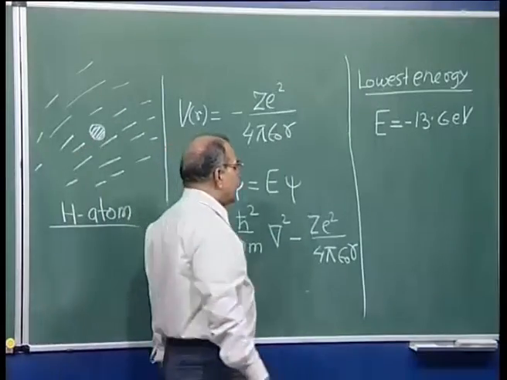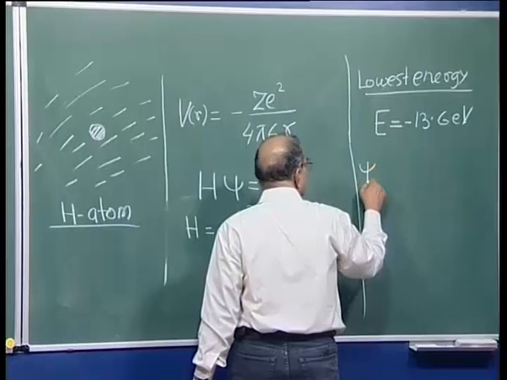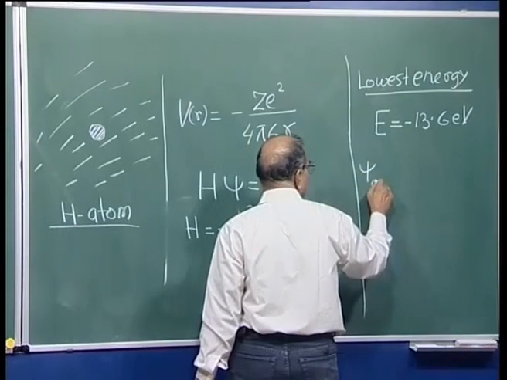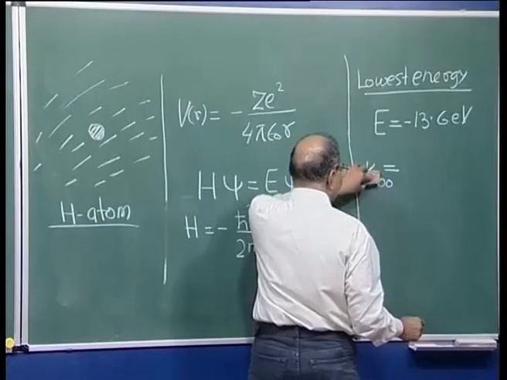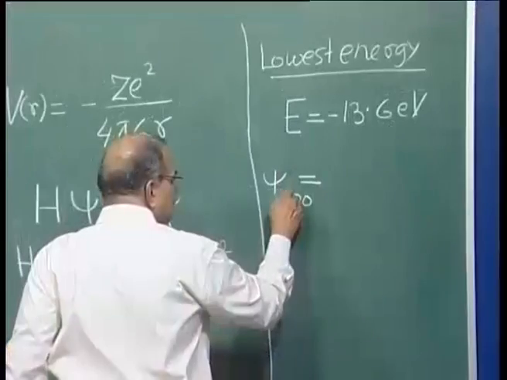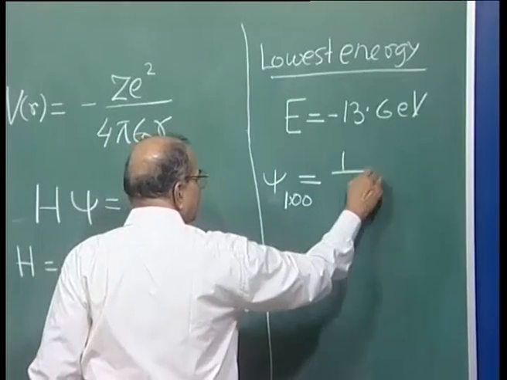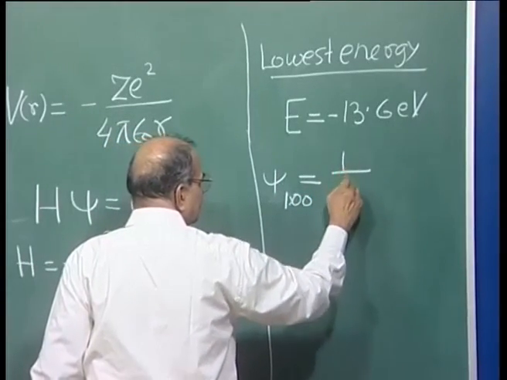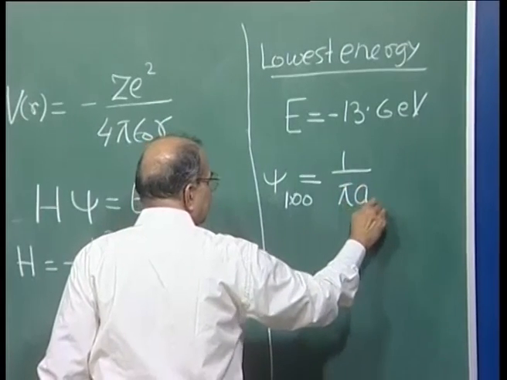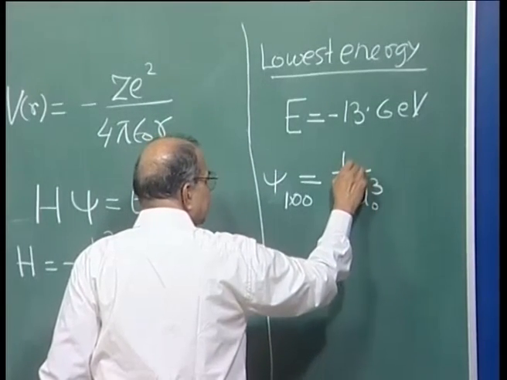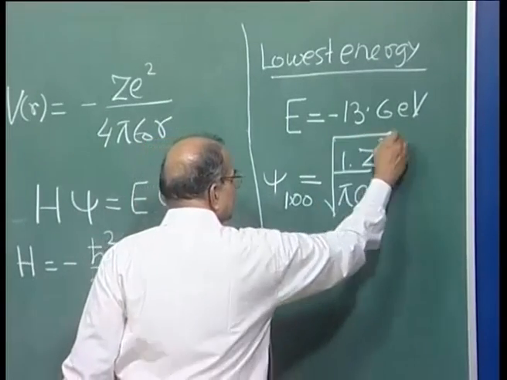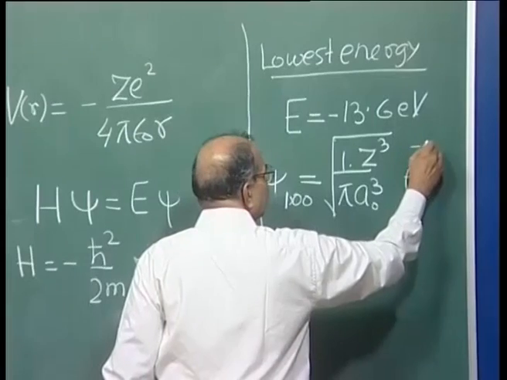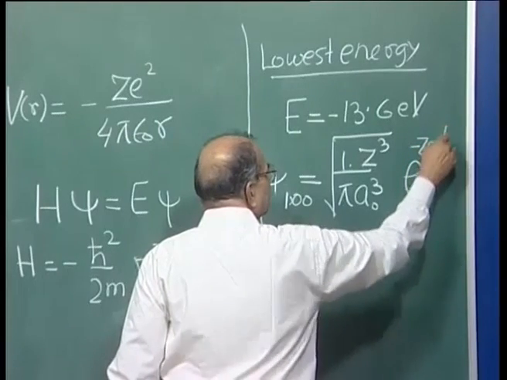And what is the wave function corresponding to the hydrogen-like atom? You generally write it as psi 1 0 0, n equal to 1, l equal to 0, m equal to 0. This will be the square root of 1 over pi a naught cube, with Z cube here, times e to the power minus Z r over a naught.